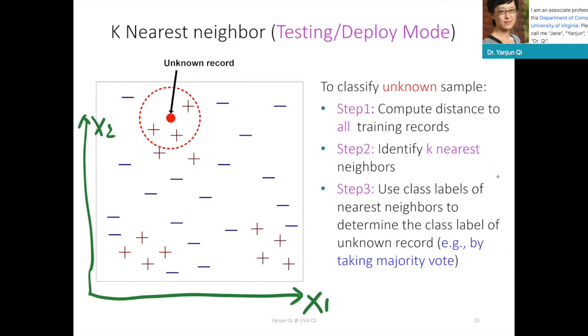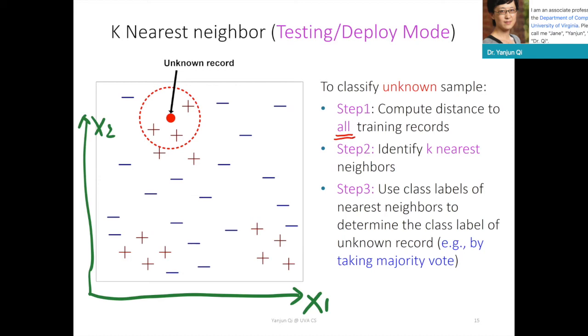All right, so step 1, compute distance to all the training records. This is just the vanilla version. As I try to emphasize again, this is computationally expensive. The state-of-the-art k-nearest neighbor has a lot of tricks to avoid computing distances from future points to all the training records. There are KD tree-based data structures to help you avoid computing to all the training points.